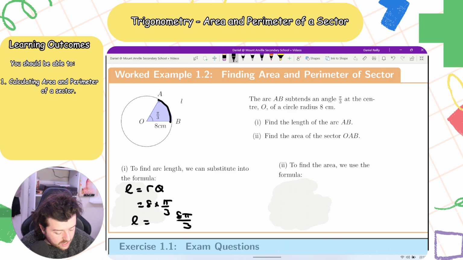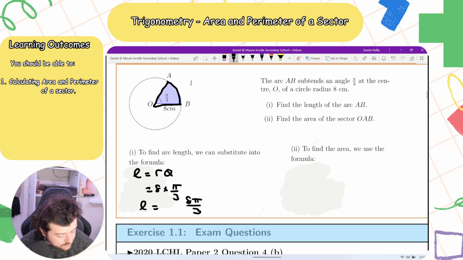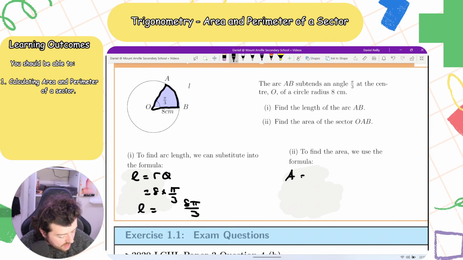Then the last part is asking me to find the area of the sector. And that is going to be area equal to a half r squared theta. That's going to be a half times 8 squared times pi over 3.